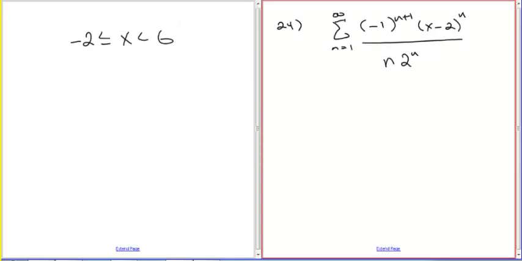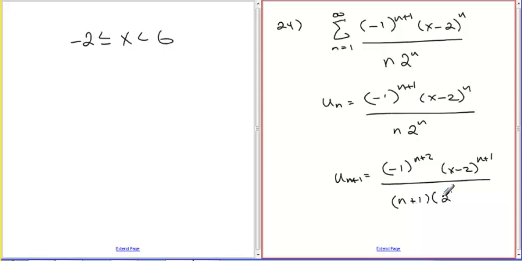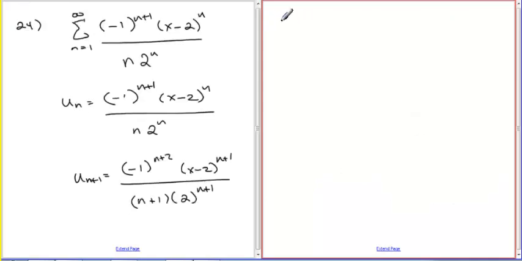U sub n. Same thing we start with. U sub n plus 1. So n plus 1 becomes n plus 2. N becomes n plus 1. Like that. Then we take the limit as n goes to infinity of the ratio of u sub n plus 1 over u sub n.